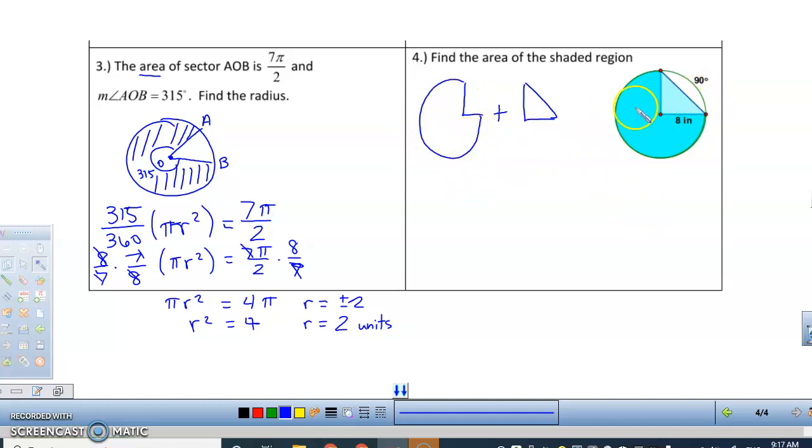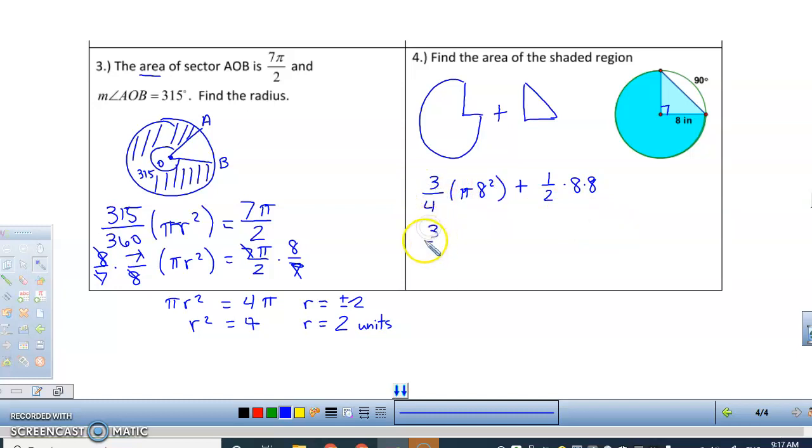Okay, here, we can figure out this angle measure, or we can just sort of visually see that that is 3/4 of the circle. And then with that 90 degrees, this is going to be a base of 8 and a height of 8 for the triangle. And then you're going to go along and calculate that. So 64.